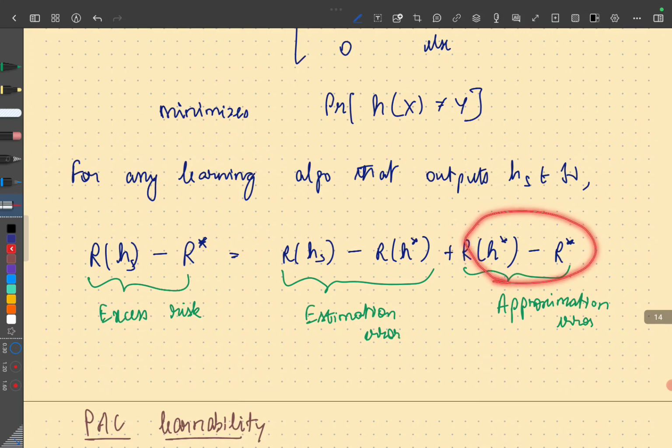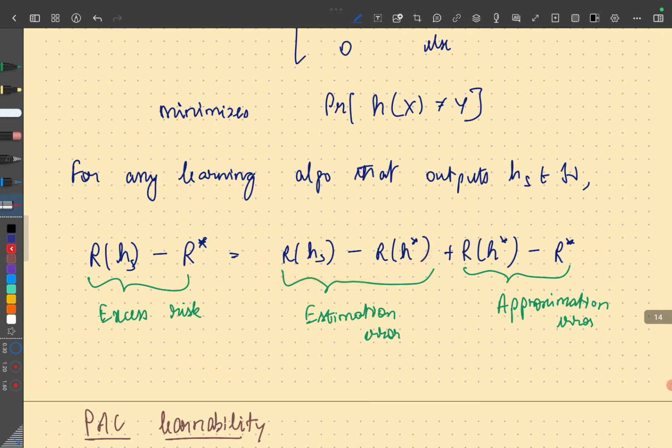Then you would be able to make the approximation error exactly equal to 0. But if your hypothesis class is too rich, then the estimation error would become larger because you would perhaps need more samples to ensure that this quantity is small.